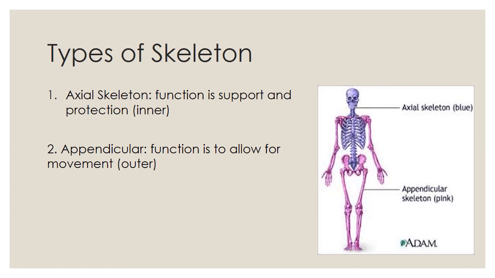So it's protecting our brain, it's our spine, it's protecting our lungs and our heart and our main organs. The appendicular skeleton is the pink, and it's our appendages, our arms and fingers and legs and toes. The function is to allow for movement. So the outer skeleton is what helps us to move, and the inner skeleton is what protects us.